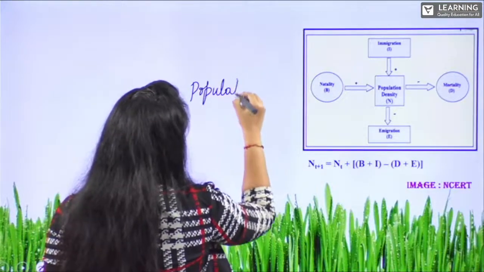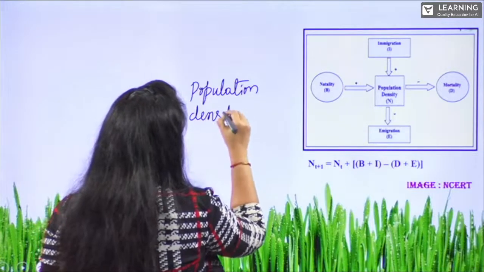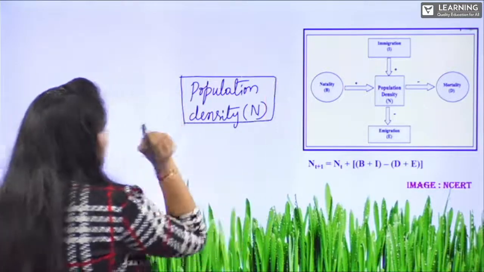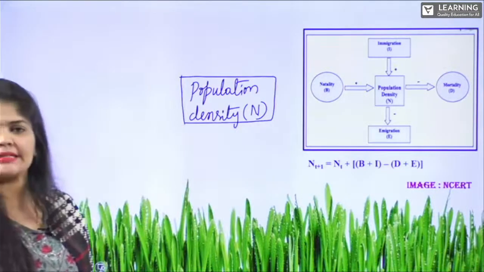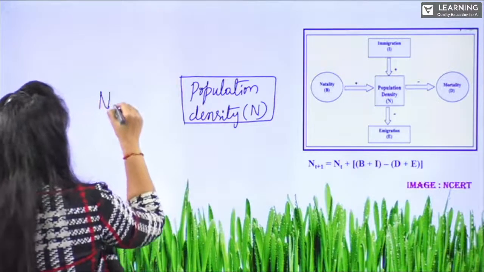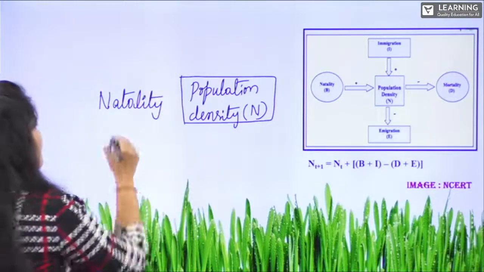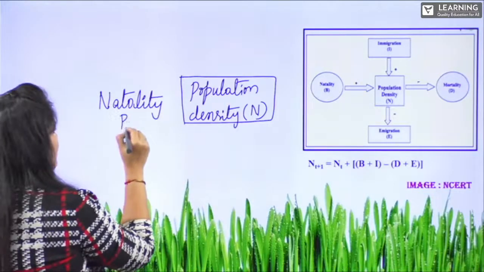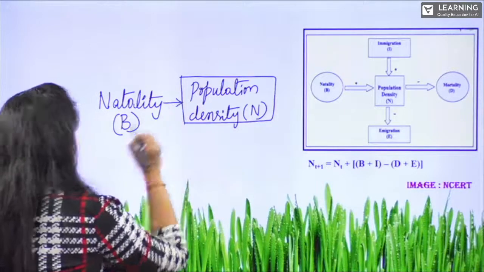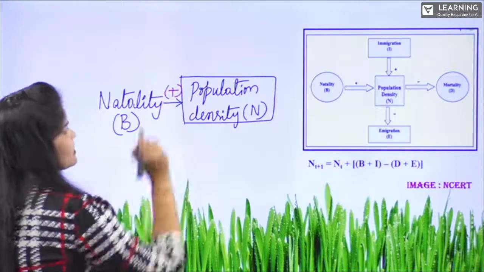Population density, how it is going to be influenced by the 4 different basic processes, out of which the first one is birth, represented by capital B. As it is adding, increasing the population size, we are representing it with plus.